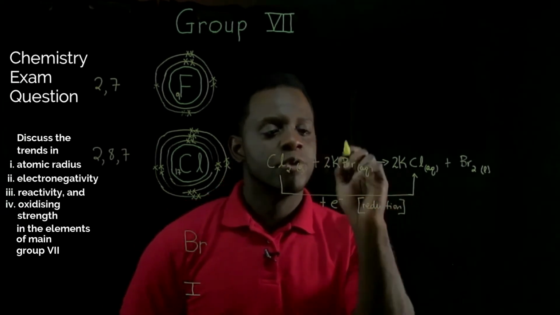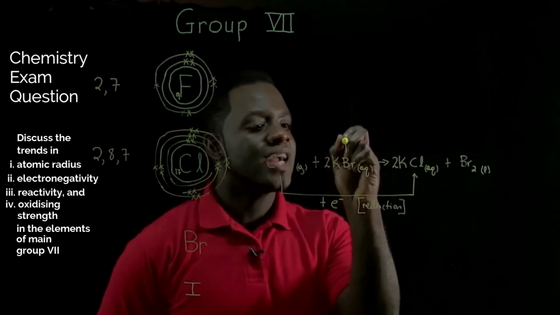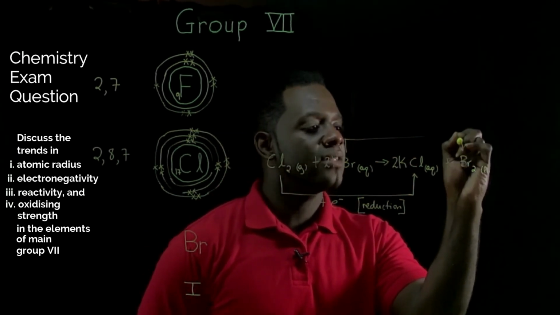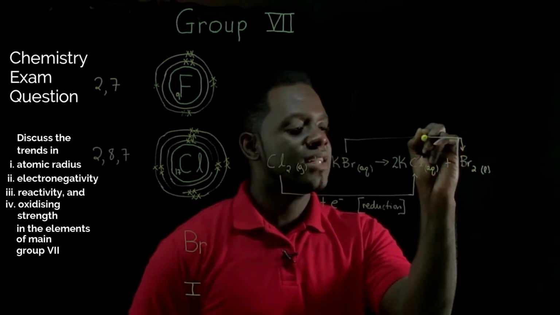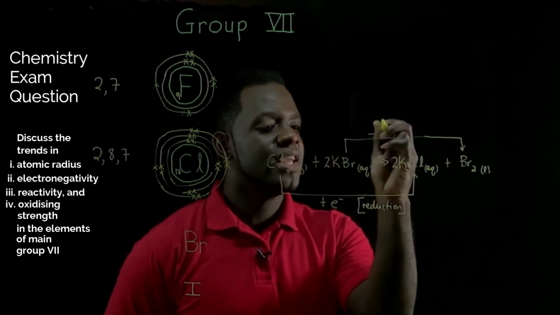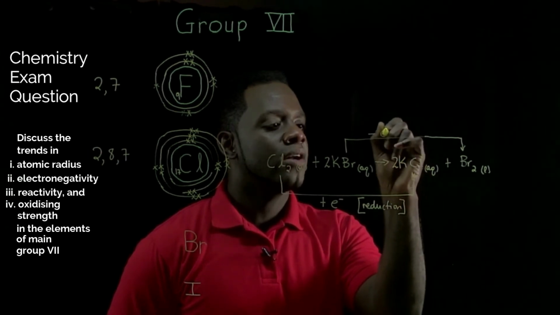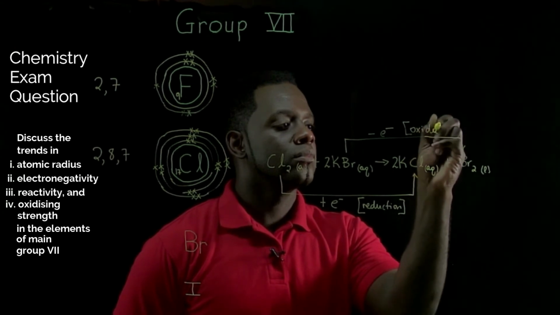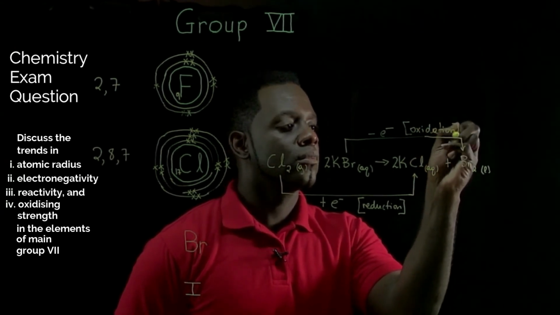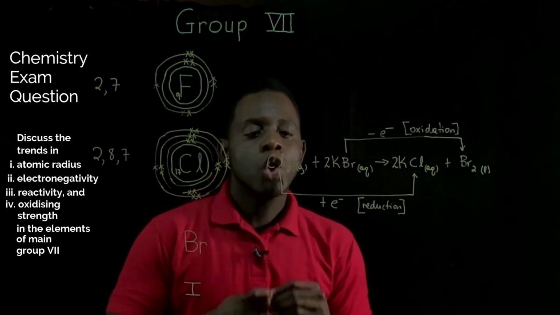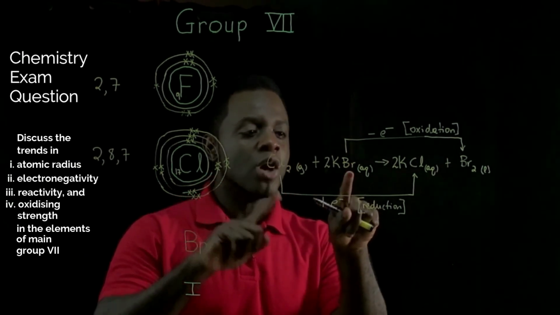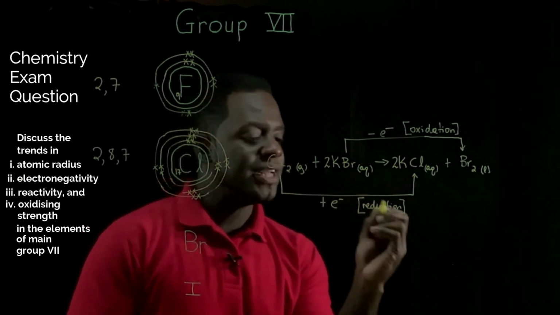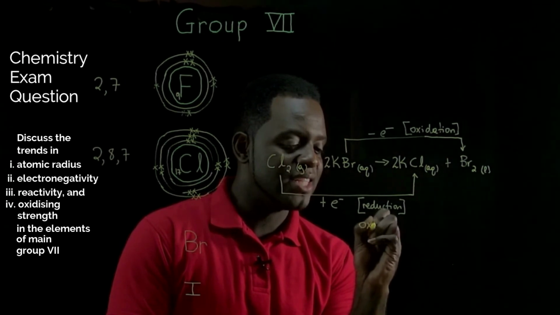The opposite is true for the bromide ions, which are giving back their electrons that they obtained to become ions as they return to the atomic state. So since they are losing electrons, they are undergoing oxidation. Since chlorine is causing bromine to undergo oxidation, then chlorine is operating as an oxidizing agent.